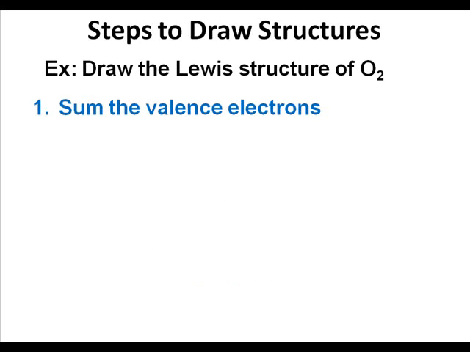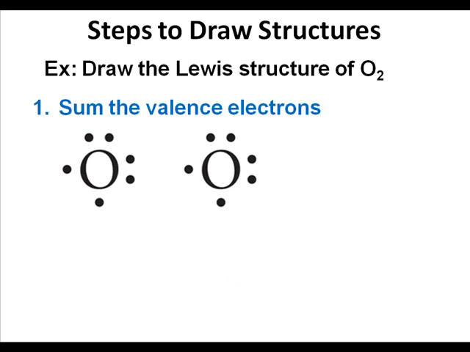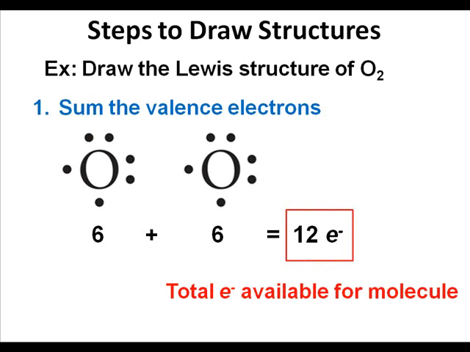So let's draw the Lewis dot structure of O2. Our strategy is as follows. We have 2 oxygen atoms. Each oxygen atom has 6 electrons around the outside. The total, therefore, available is 12 in order to build this molecule.